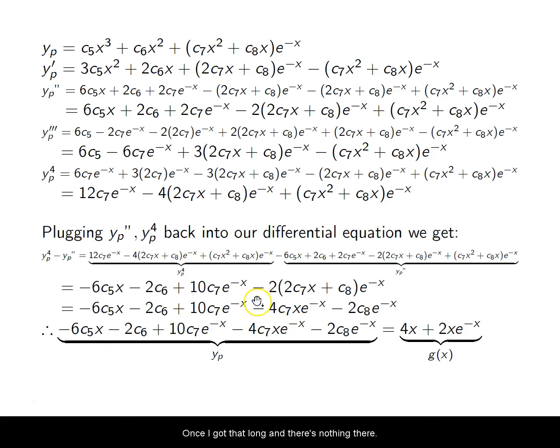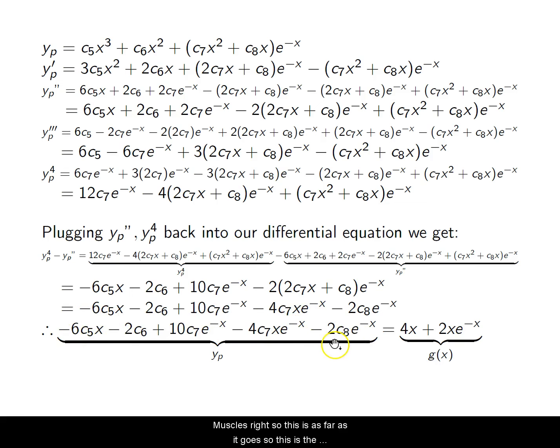Once I got to that line, there's nothing that combines, right? I have c5 x, a c6. I have two c7s, but they have different values of x. And then I have my e to the negative x term with no multiples, right? So this is as far as it goes.